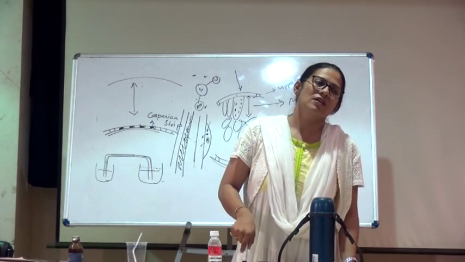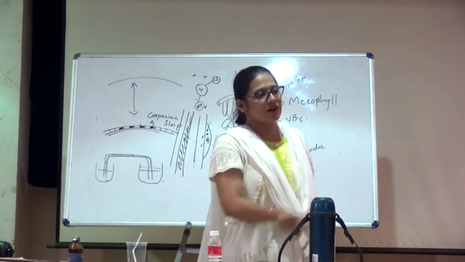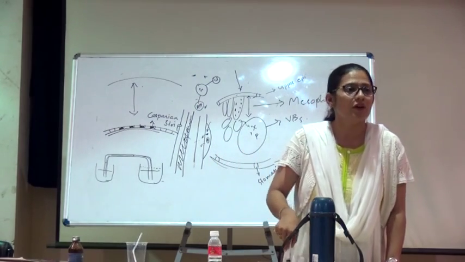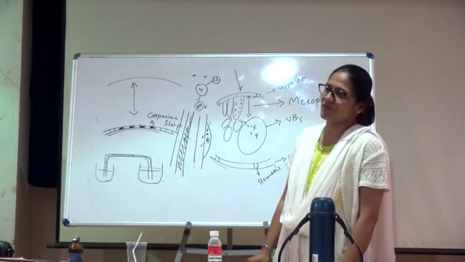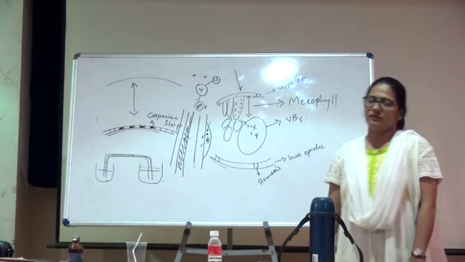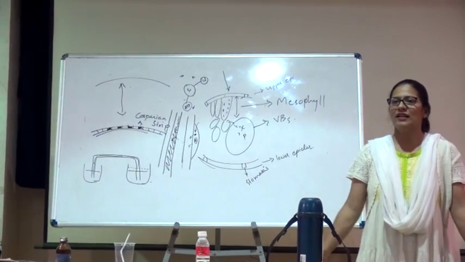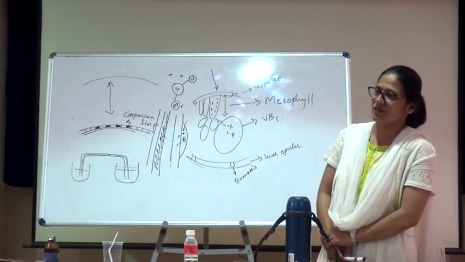Therefore phloem is selected by nature for the transportation of sugar, and xylem is selected for the transportation of water. Did you understand the whole process?